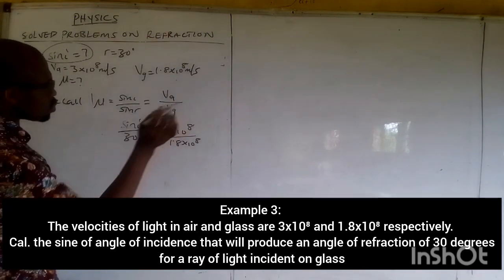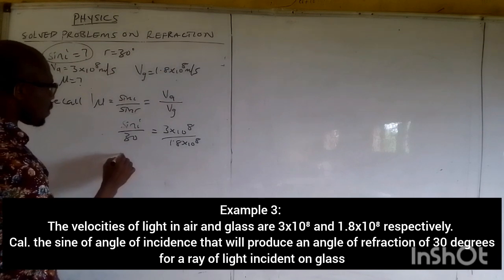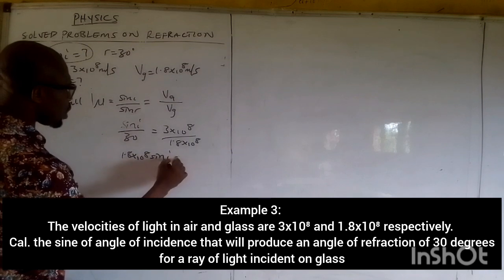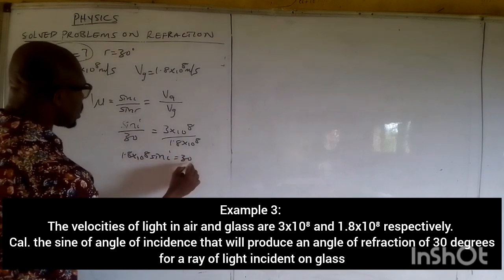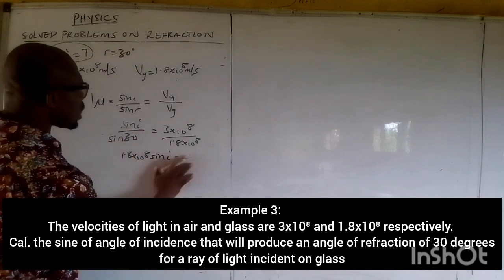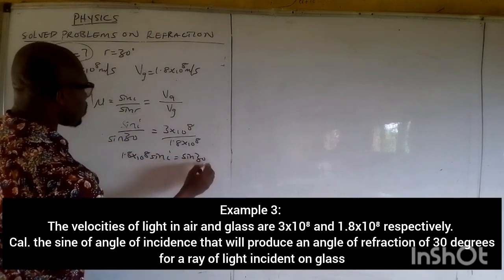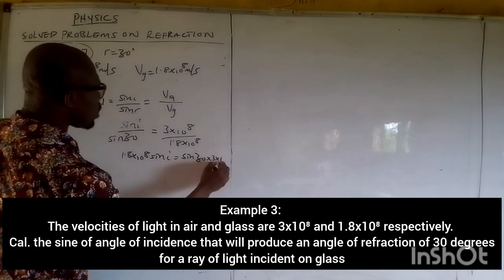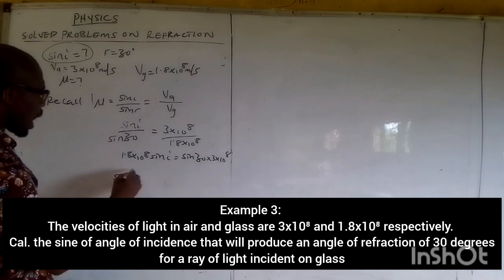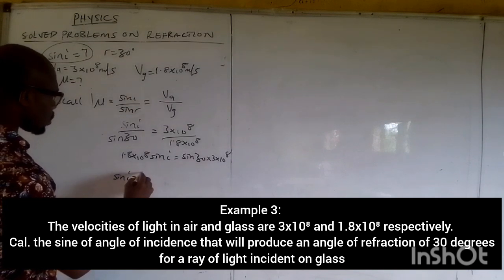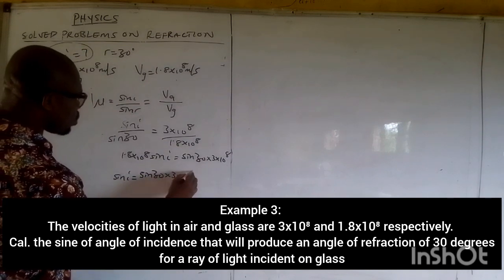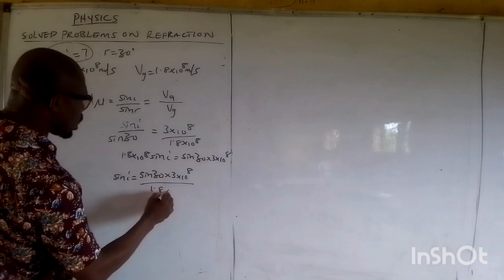At this point, we can cross multiply to get our sine I. So we have 1.8 times 10 raised to the power 8 sine I is equal to sine 30 times 3 times 10 raised to the power 8. So we now have sine I is equal to sine 30 times 3 times 10 raised to the power 8 all over 1.8 times 10 raised to the power 8.